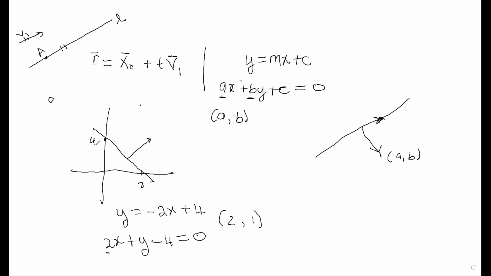You can create a vector using these 2 points. You've got 0, 4, and then you've got 2, 0, and then the vector between these 2 points will be equal to 2, -4, right?